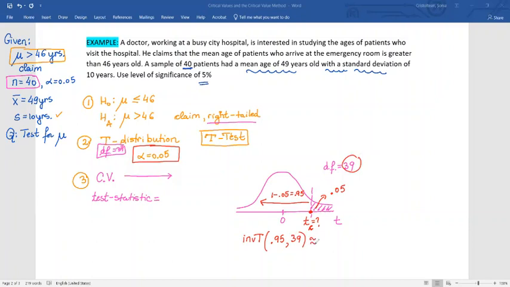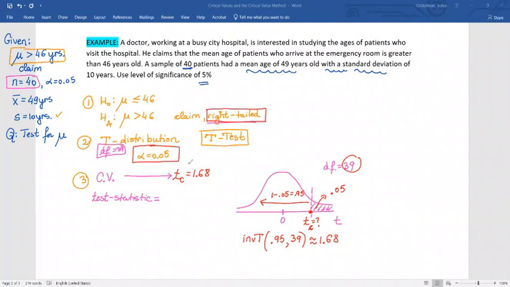And if we do this with the calculator, we get 1.68. It's positive, and we know it should be positive, right? So this is the critical value. Right here, I'll just write down TC is 1.68. So keep that in mind. This is directly related to the area in the right tail, because this is the right tail test.